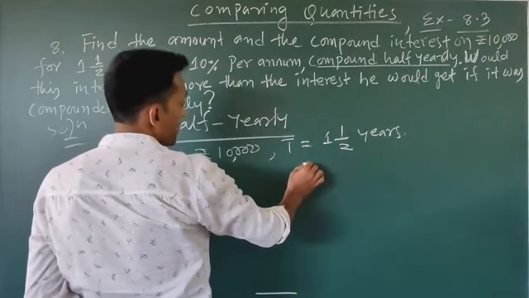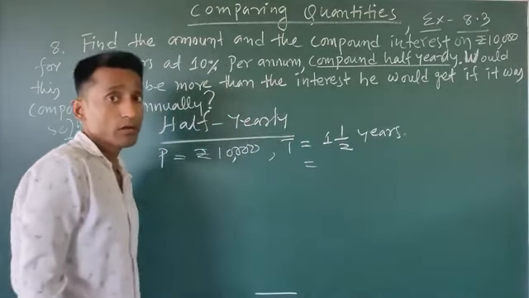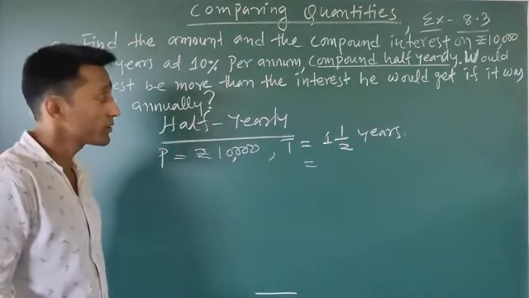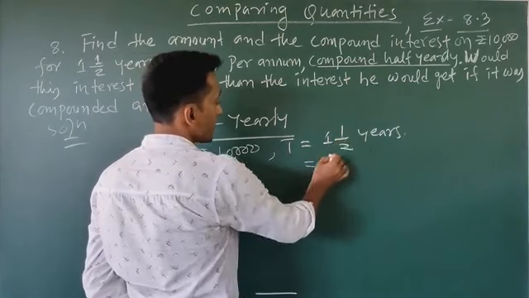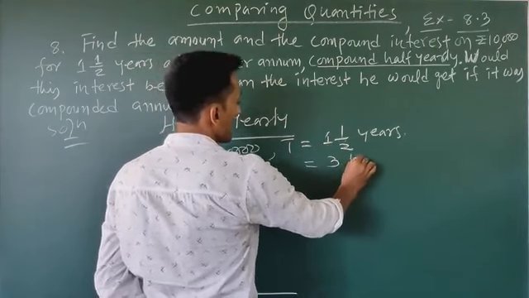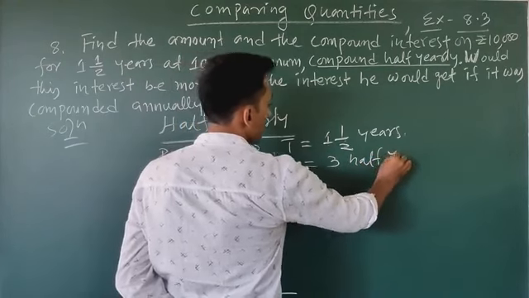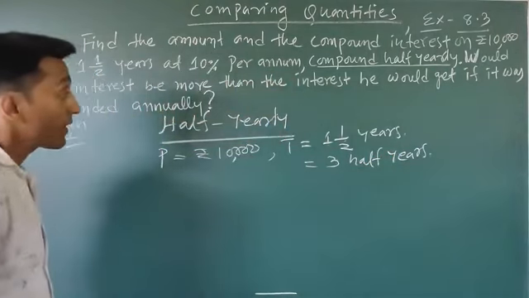So half yearly time. How many half year is there in 1 year? We know in 1 year we have 2 half year, isn't it? One more half year is there. So in 1.5 year we have 3 half year. We have already discussed about half year in earlier problems.